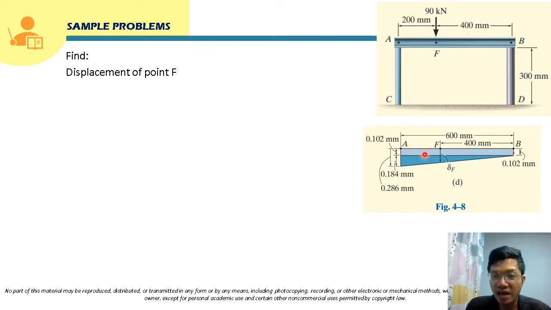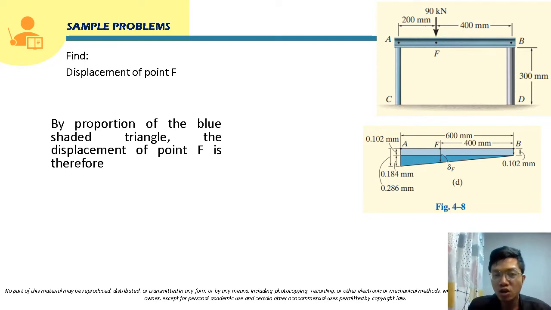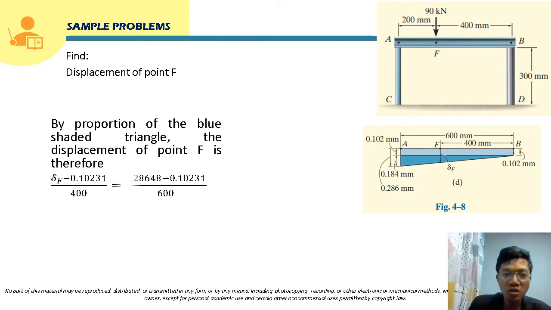From this triangle, we are going to apply proportion. For this height, from this point to this point, this is actually the displacement of point F minus 0.10231. So this will be that height, divided by its length or base, which is 400.